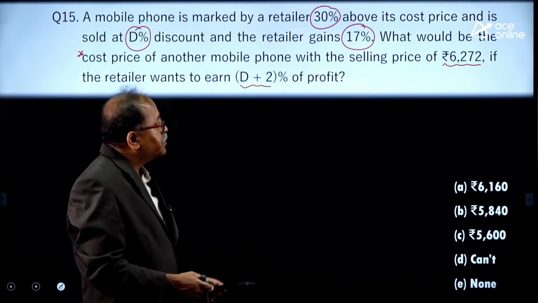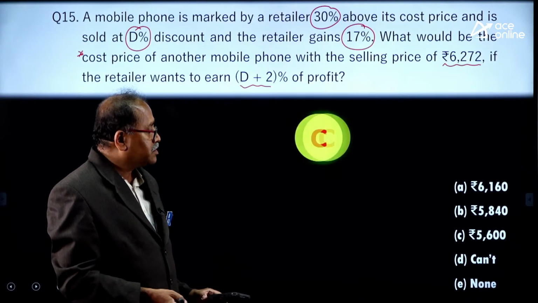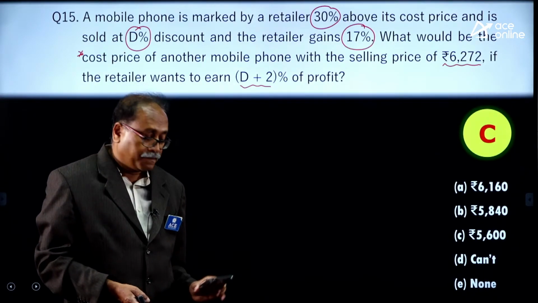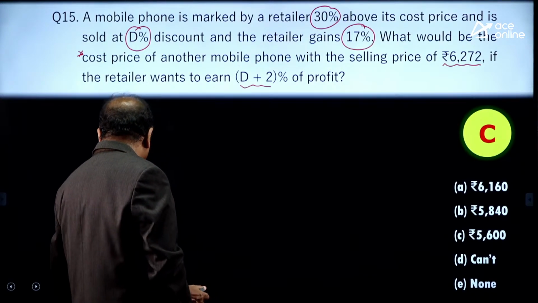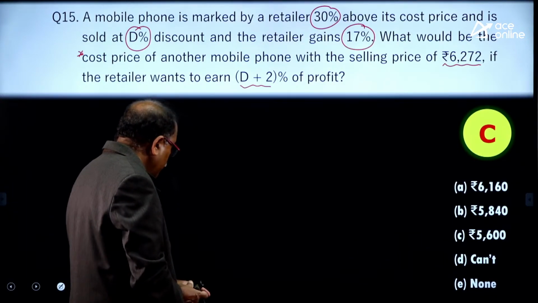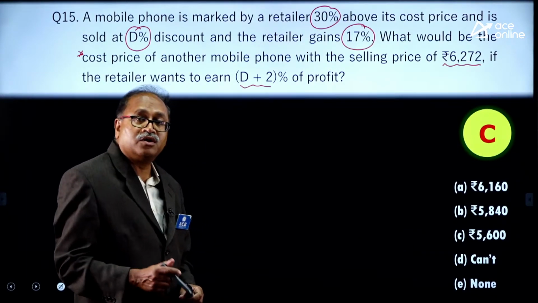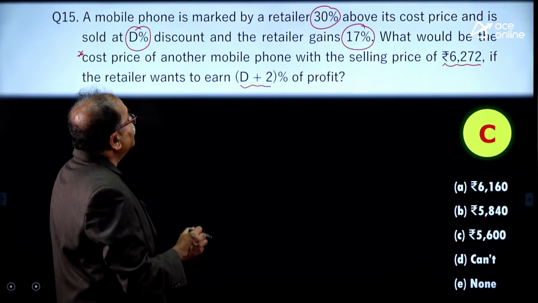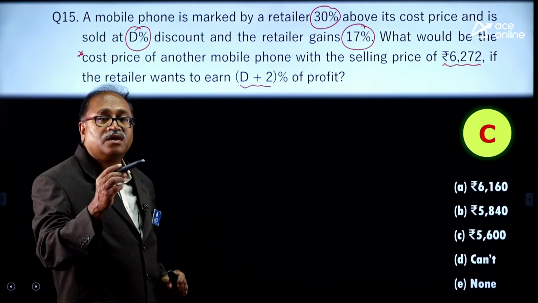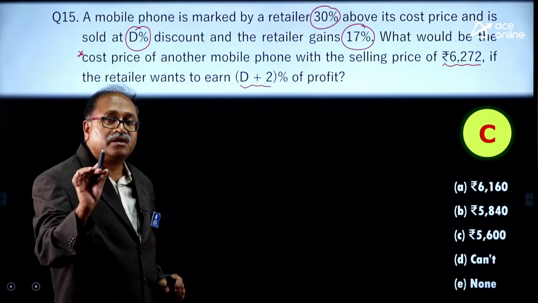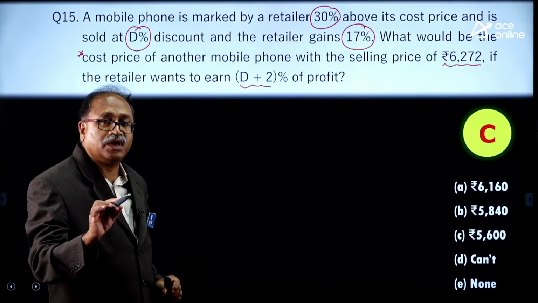Look at this one, the option choice is C, that is 5600. Now, I will show you why. Look at this, Mr. Pavan, Chinna Reddy and Anusha and all the people. Here, what is the D value? I will use the x plus y plus xy by 100 formula in order to get the D value.